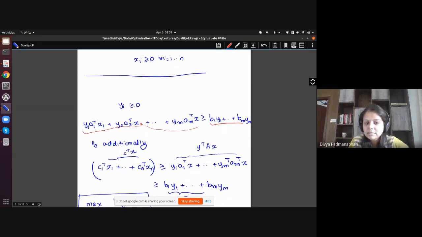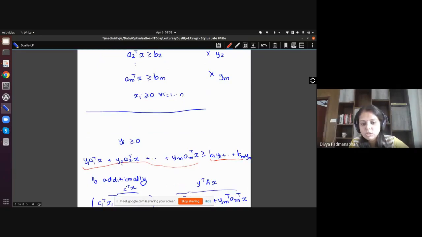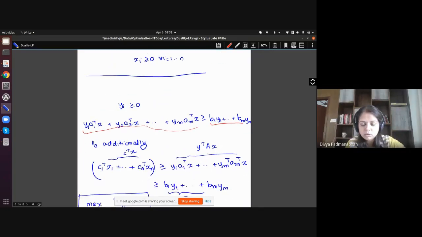So y1 a1 transpose, y2 a2 transpose, and so on up to ym am transpose. From this you're taking the coefficient of x1, the first one. In short, you're taking this vector y transpose A, looking at each of the components, and you want to ensure that it is less than c.